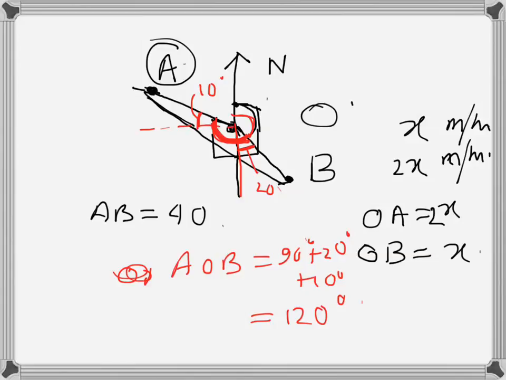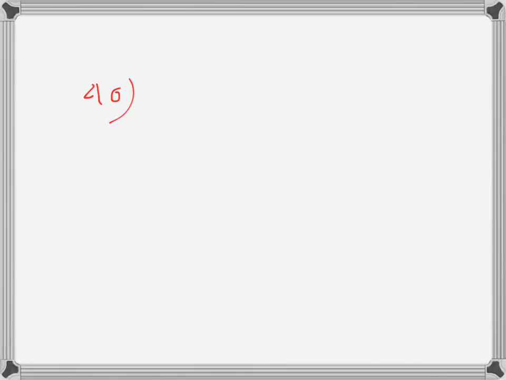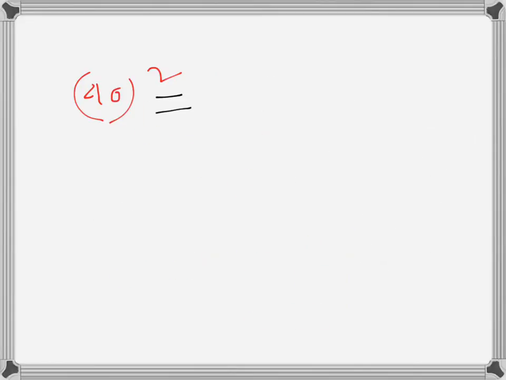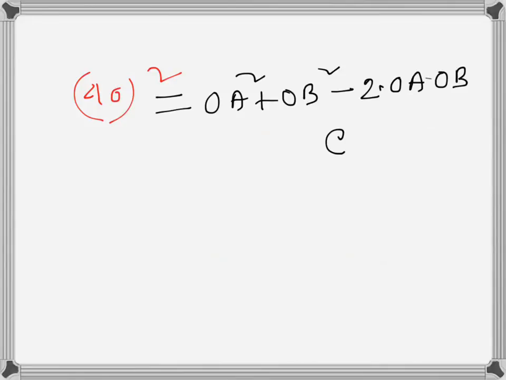So what we will do, we will apply the cosine rule. So basically we know 40 square. I may go back to the black pen. 40 square is equal to OA square plus OB square minus 2 into OA into OB into cos of the angle in between, which is angle AOB, which is 120 degrees.